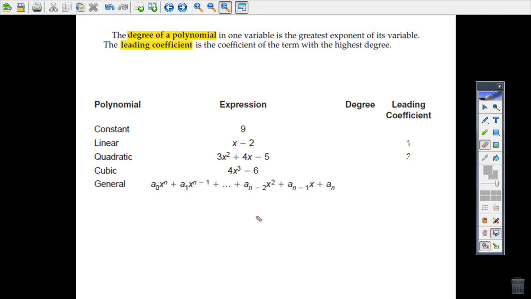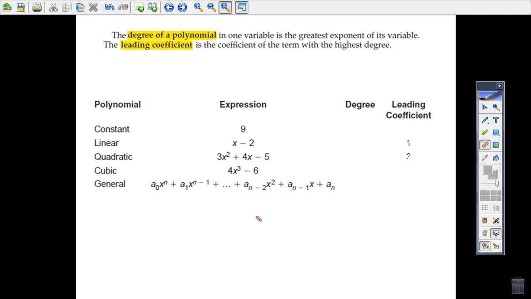And then they have this lovely thing that's supposed to be the general form. Don't worry about writing that down. I think it's just a bunch of confusing stuff. A sub n is the coefficient. There's a number that stands for that.